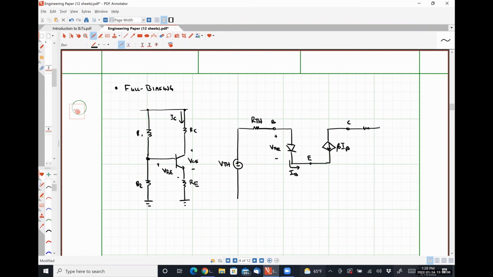Connected to the collector, we have our resistor RC. And then between that leg of the resistor RC and ground, we have our power supply voltage VCC. And finally, between the emitter and ground, we have some resistance R sub E. Like so. So this guy is IC. This guy is obviously IE.